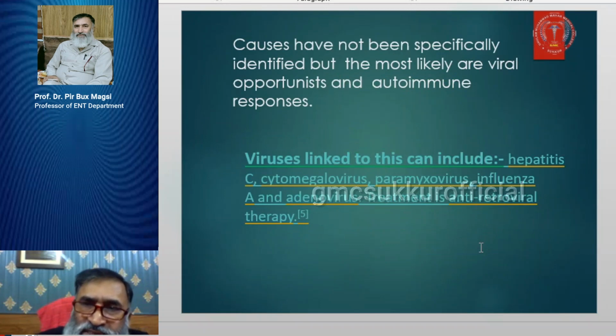Causes have not been specifically identified, but the most likely are viral, opportunistic, and autoimmune response. Viruses linked to this can include hepatitis C, cytomegalovirus, paramyxovirus, influenza A, and adenovirus. Treatment is antiretroviral therapy.